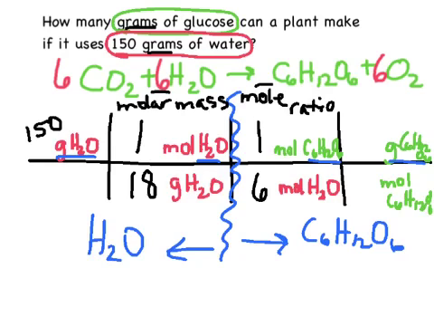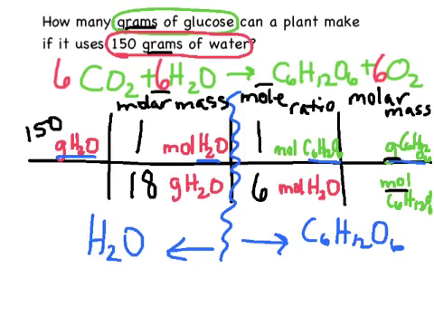Good. Here's our last step, our last bridge, crossing from moles of C6H12O6 to grams of C6H12O6. Here we have grams of glucose and moles of glucose. And what is that? That's the molar mass. You are so correct. This is the molar mass of our glucose, so we need to look where? Periodic table, that's right.